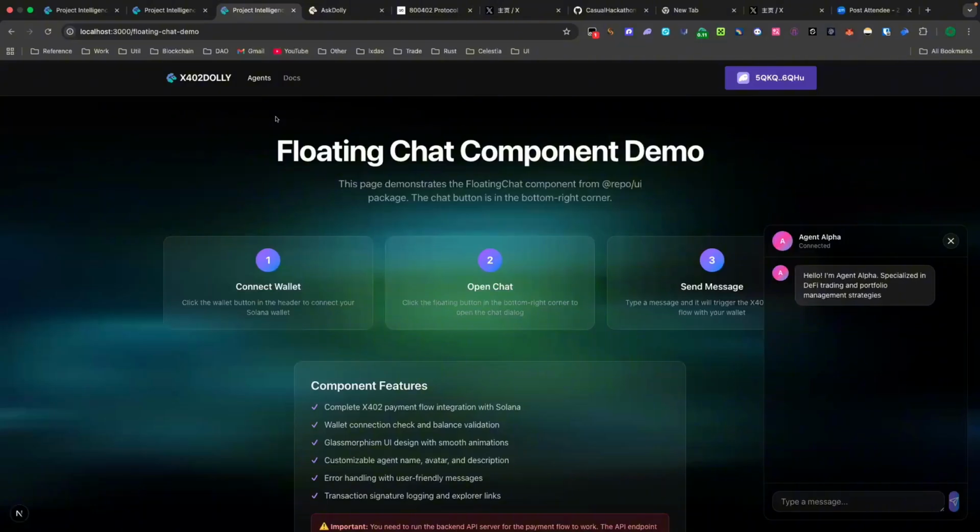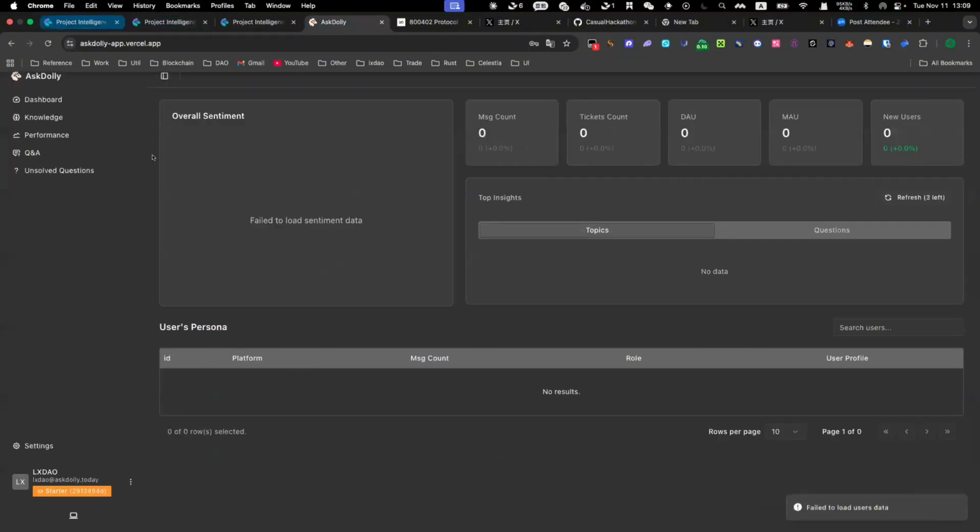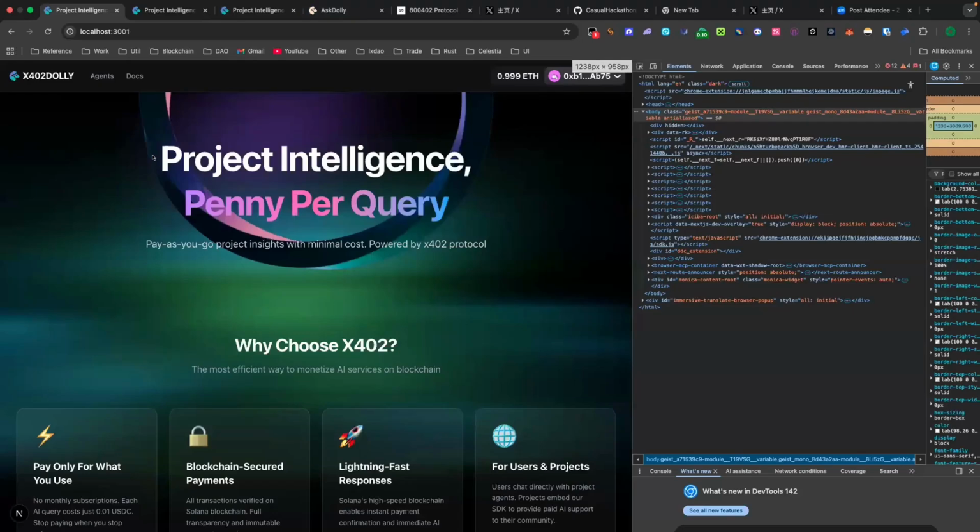In our main product, we face a problem: our clients want to pay less money for their community operation.